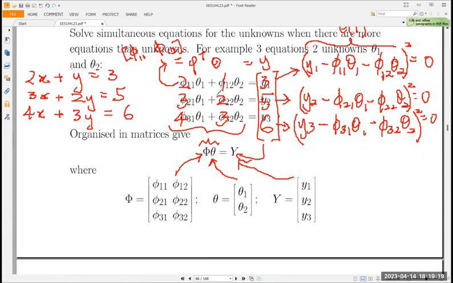So you write this down as y, and then the unknowns theta 1, theta 2, or B1, B2, as theta, and the coefficients you put in phi. So you form this so that you know what is y, phi, and theta.